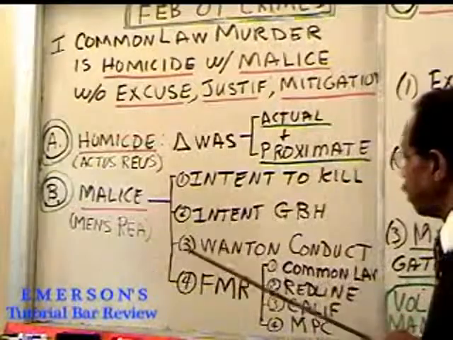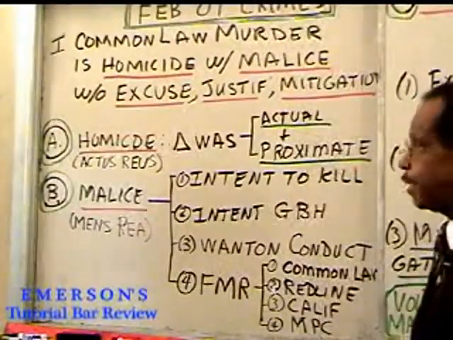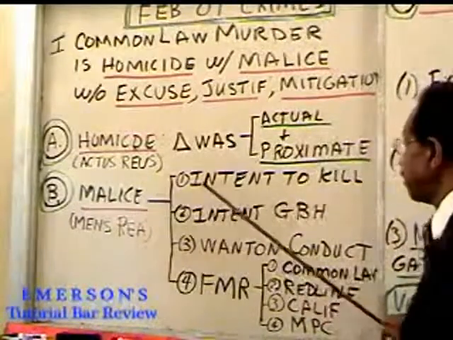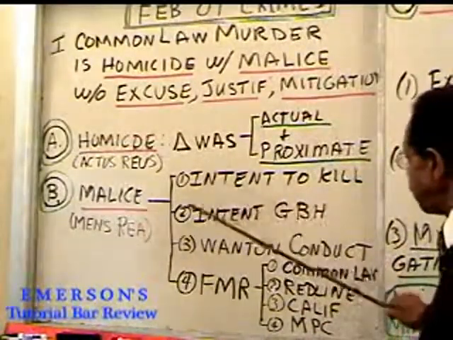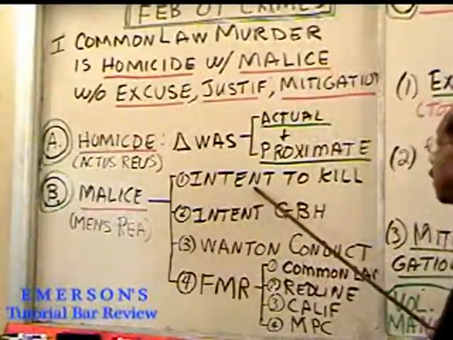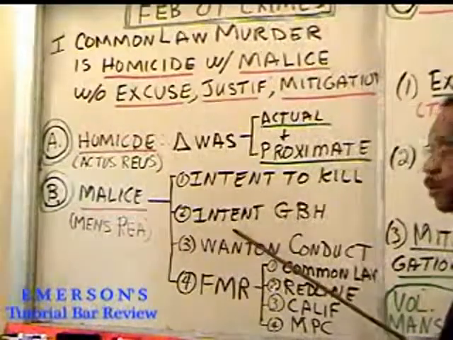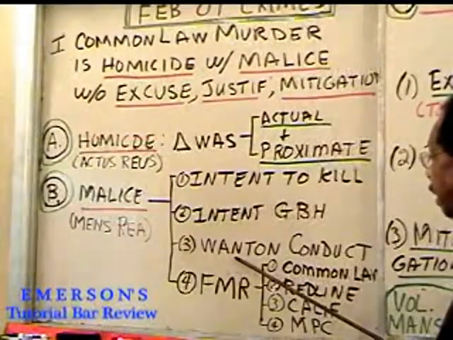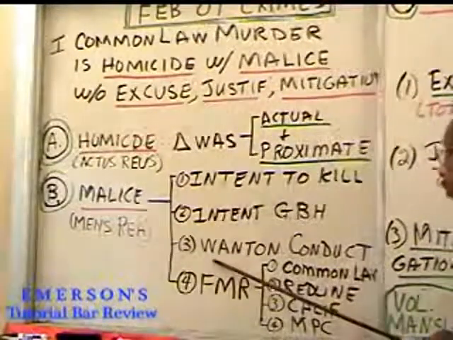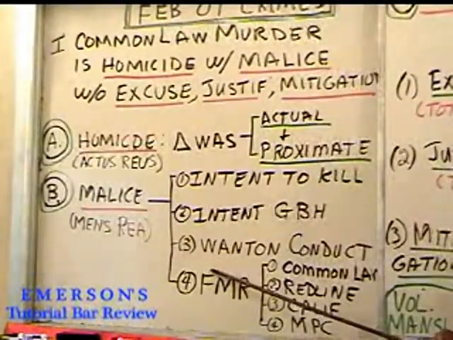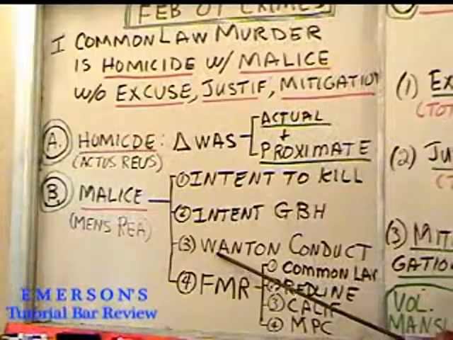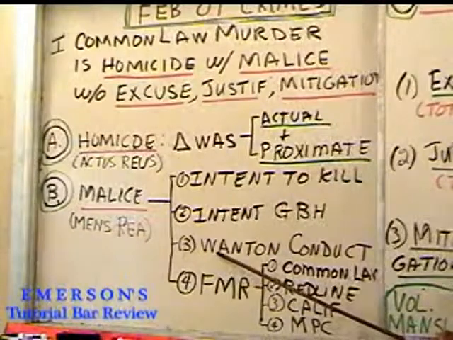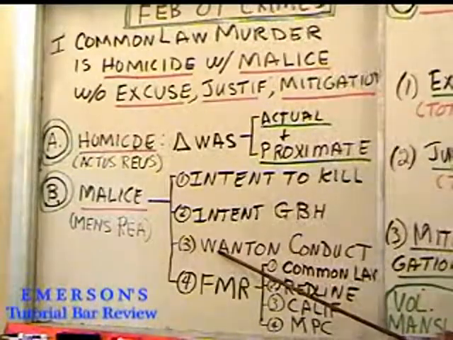Malice. Malice is the mens rea, the state of mind required. There are 4 and only 4 states of mind that will satisfy the malice requirements for common law murder. Those 4 states of mind are right here, 1, 2, 3, 4. Intent to kill, intent to inflict great bodily harm, wanton conduct, this is the stuff we call depraved heart conduct, wanton, willful, reckless conduct in utter disregard of a high likelihood of great bodily harm or death, any way you want to say that stuff.